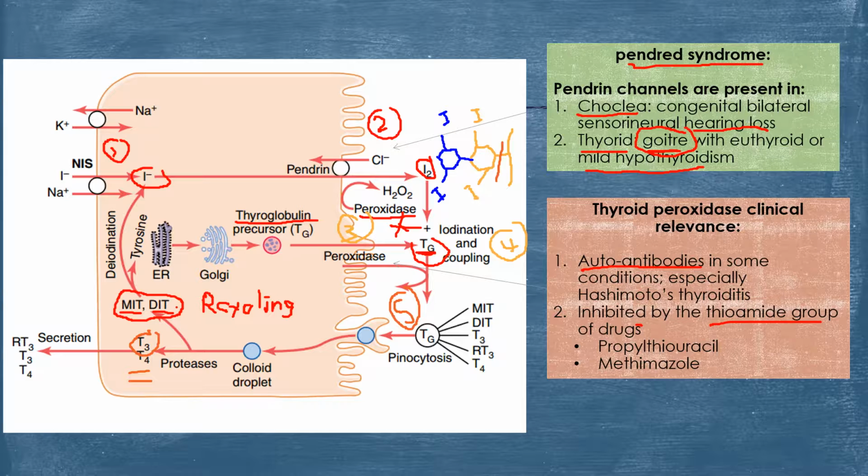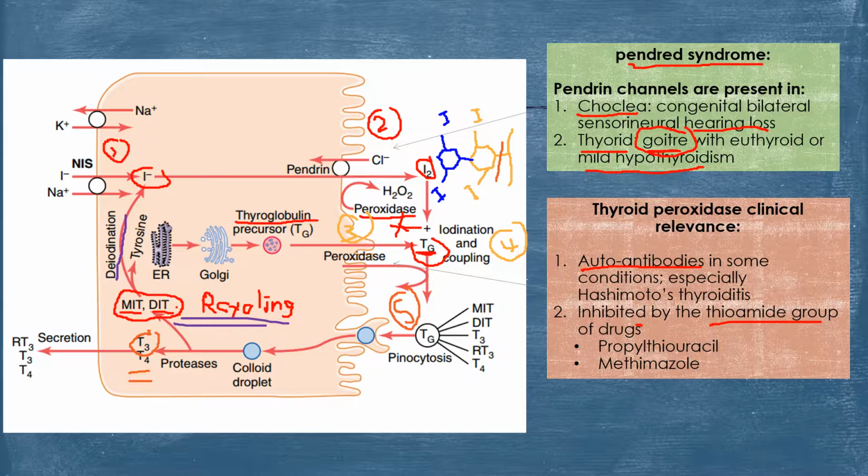This process is very essential. If someone has a congenital defect and has no deiodinases, which we call the enzymes that make this process, they might also have iodine deficiency, because the iodine that is not used in T3 and T4 will be lost.